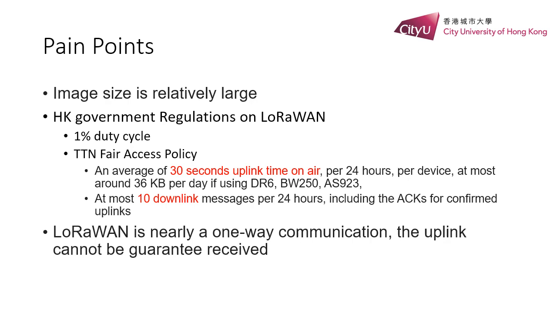They set a rule called TTN Fair Access Policy, which set an average of 30 seconds uplink times on air per 24 hours per device, at most around 36 kilobytes per day if using data rate 6 bandwidth 250 and AS923, at most 10 downlink messages per day, including the acknowledgements for confirmed uplinks.